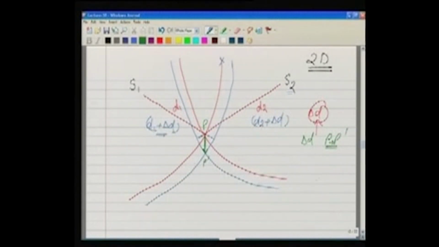Now the question is, can we eliminate it? Well, in order to eliminate it, what do we do? We take a third satellite, a third point here. Let us say the third satellite is somewhere here, S3, and there is no error in distance measurement.